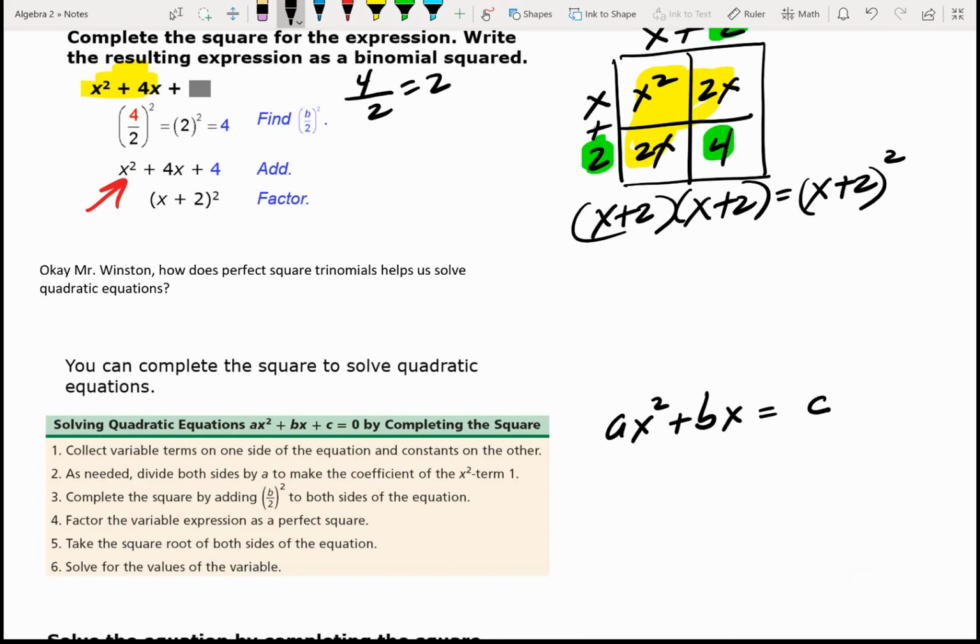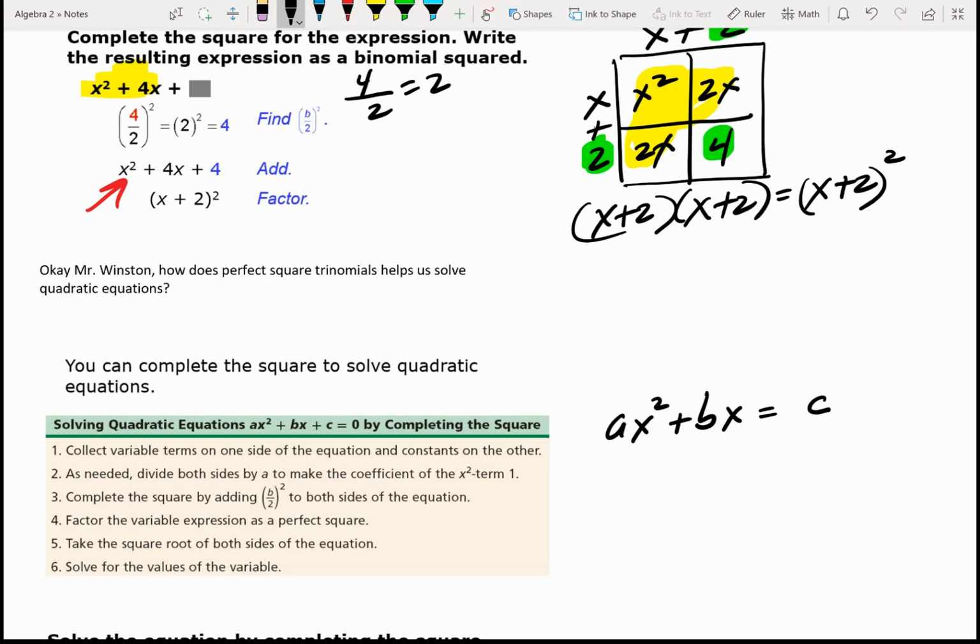As needed, divide both sides by a to make the coefficient of the x squared term 1, although we'll do something else because you can't always divide every term by the same number. It's better to try another method, which I'll show you. And then you'll complete the square by adding b over 2 squared to both sides of the equation.